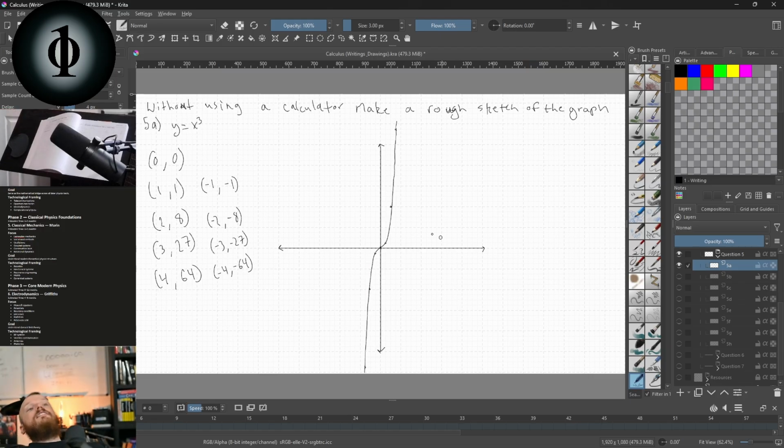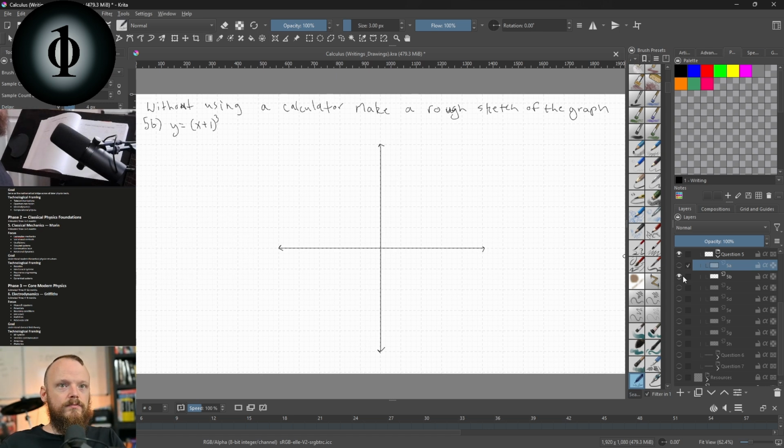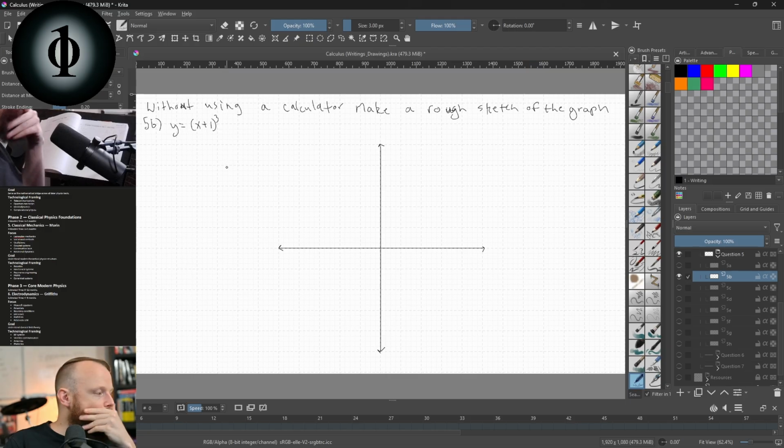That's what we're looking at. All right. 5B. Back to a weighted brush. 5B says without using, yeah.